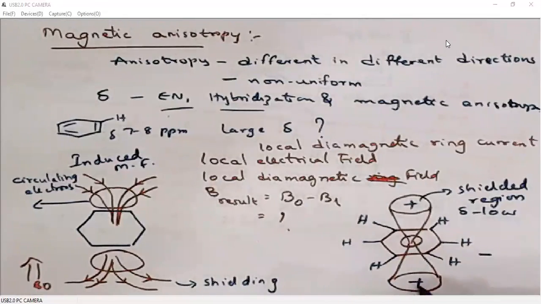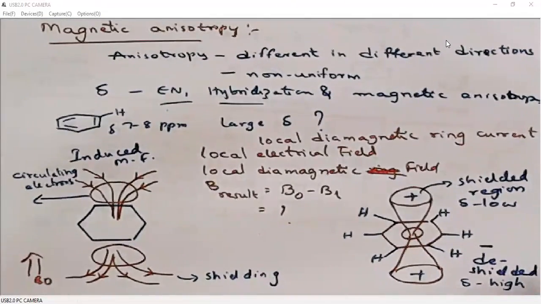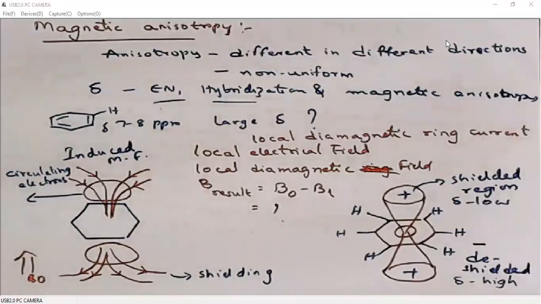Other than the shielded region, it is called the de-shielded region. De-shielded protons will be observed at very high delta values.